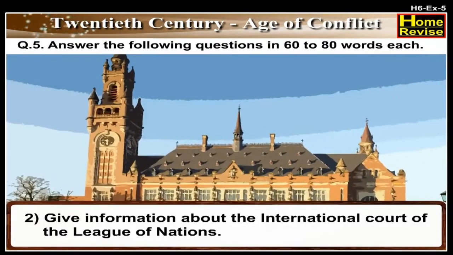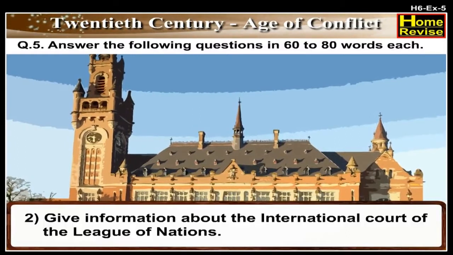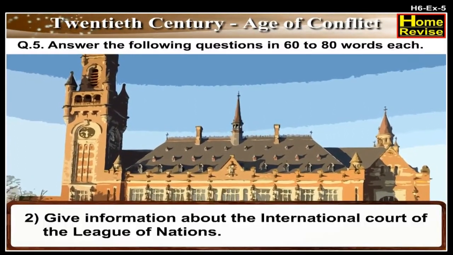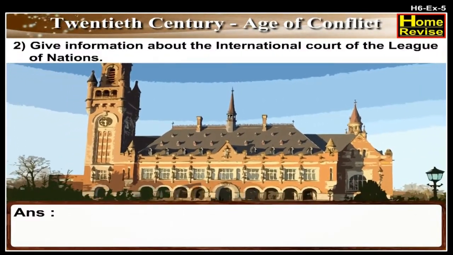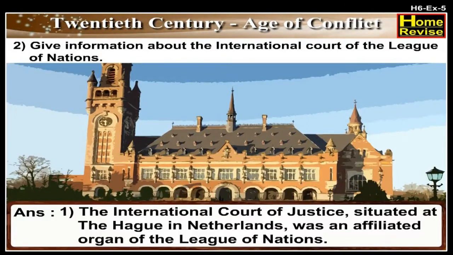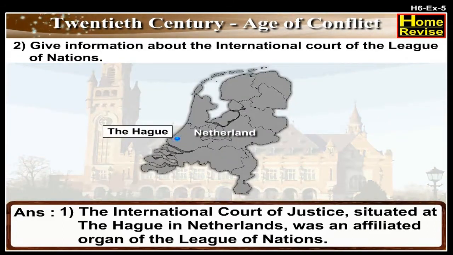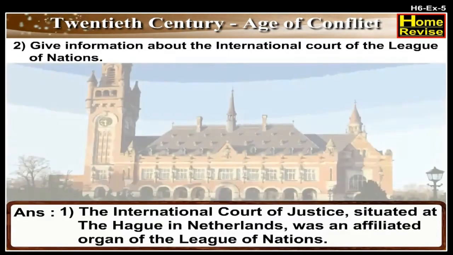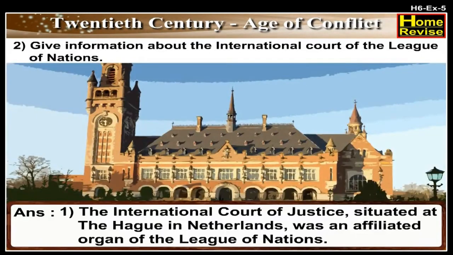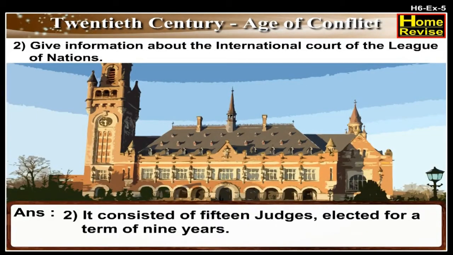Two, give information about the International Court of the League of Nations. Answer. 1. The International Court of Justice, situated at The Hague in Netherlands, was an affiliated organ of the League of Nations. 2.